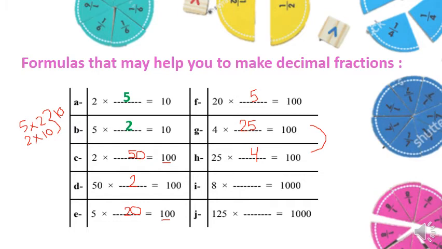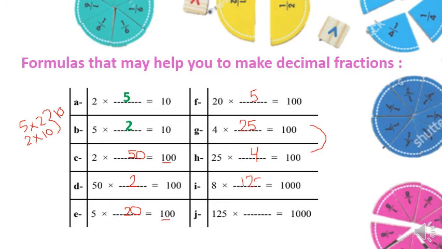Whenever you see 4, I multiply it by 25. And whenever I see 25, I multiply it by 4. Okay, we are working on the denominator. We want to change it into 10 or 100 or 1000. Okay, if I see 8, I have to multiply it by 125.